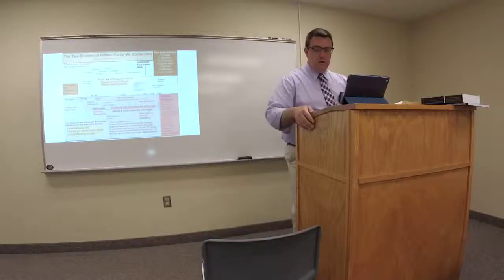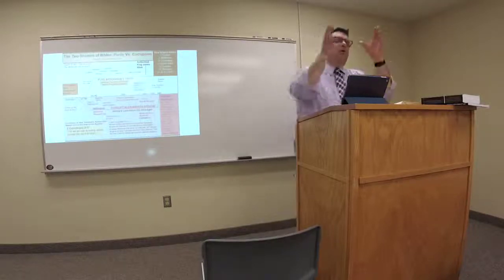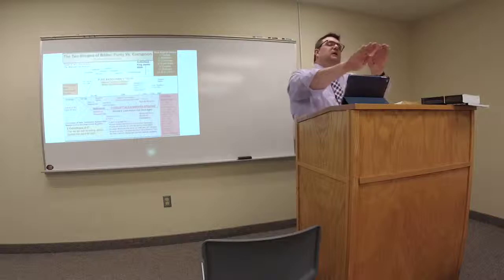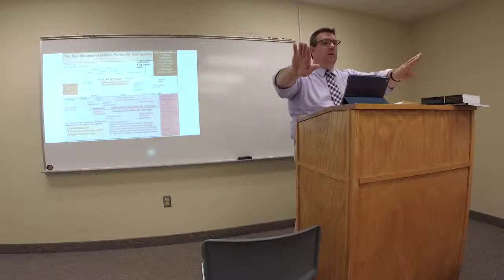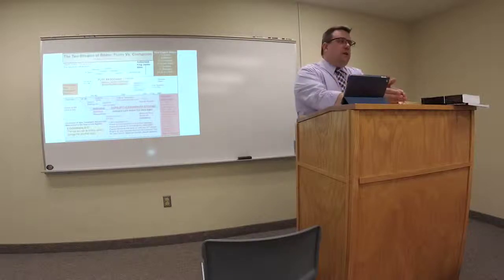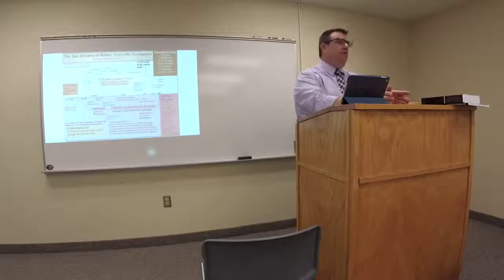Okay? So here's what I'm saying. Not only is it not true that there's this huge dichotomy between the Old Latin and the Latin Vulgate, but traditional King James advocates actually, to some degree, need the Vulgate to help establish certain what? Certain readings.